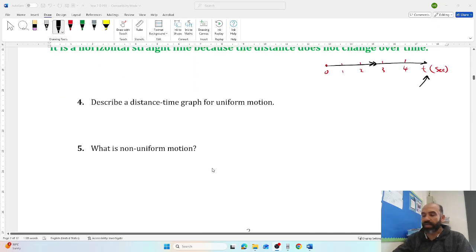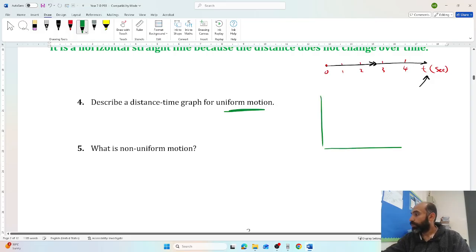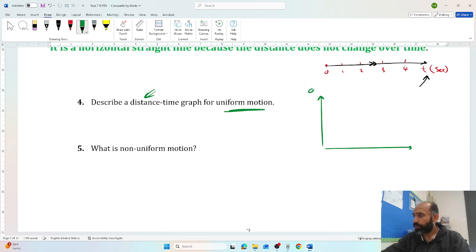Describe a distance time graph for an object which is moving with uniform motion. We will do the same. So for the y-axis, we will draw the distance in meters. On the x-axis, we will draw time in seconds. 0, 1, 2, 3, 4, 5, 1 meter, 2 meters, 3, 4, and 5.